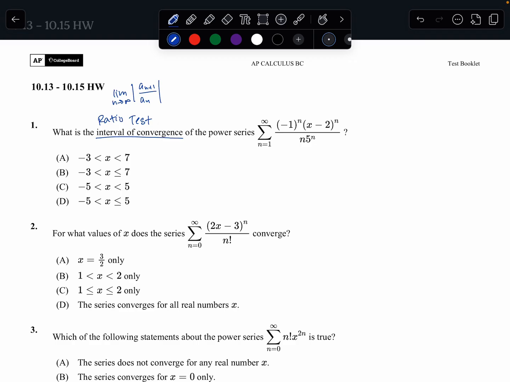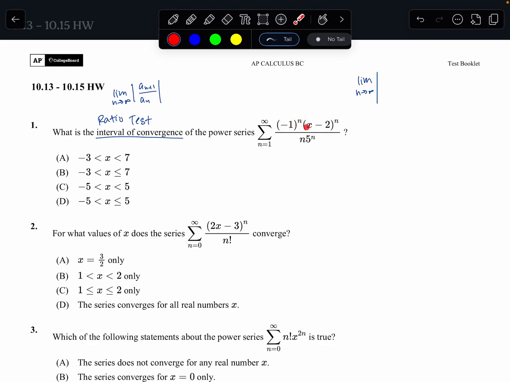So in this very limited space that we have, let's do the limit as n approaches infinity of the absolute value. I'm going to ignore this part right here because I'm using absolute value and the negative terms aren't going to matter.